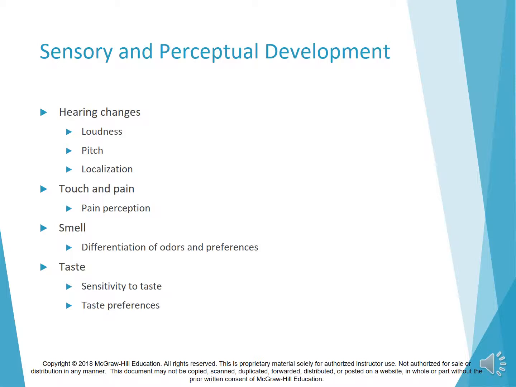A few days after birth, newborns will turn toward the sound of a caregiver's voice or someone that they are familiar with. And then a lot of changes start to take place, and they are able to hear differences in loudness, in pitch, and also in localization, which is where the sound is coming from, in front of them, behind them, and so on.